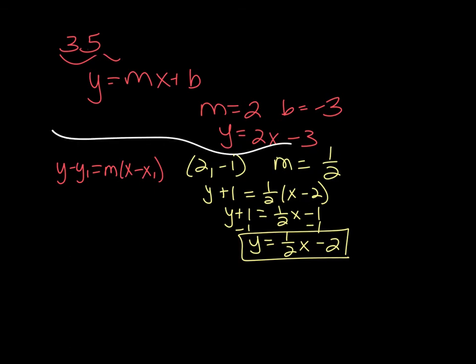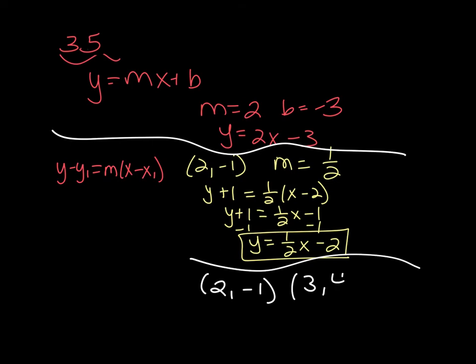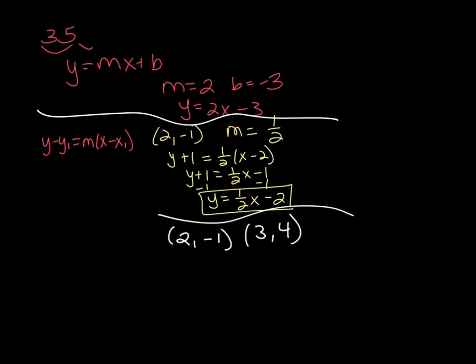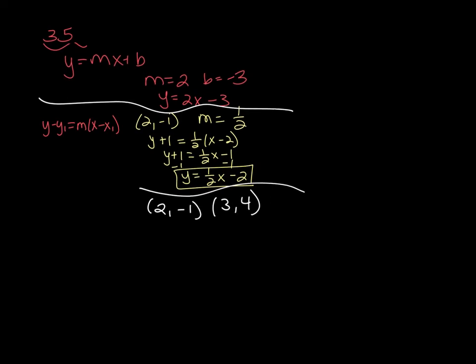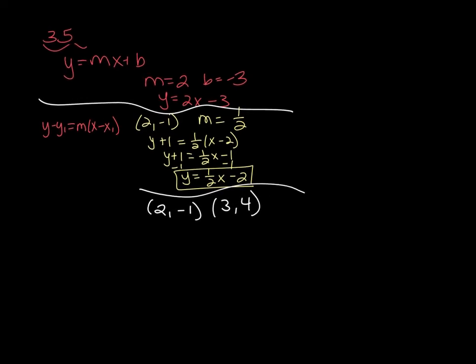Okay, so first we were given the slope and the y-intercept, then we were given the slope and the point. The third kind is if you were given 2 points. So what do you have to do here? How do you find slope, because we need slope and a point or we need slope and y-intercept.